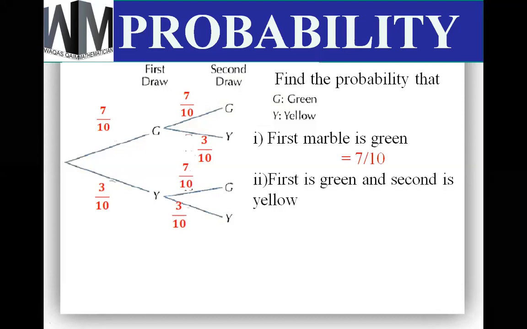Now the second part: what is the probability of getting first green and second yellow?